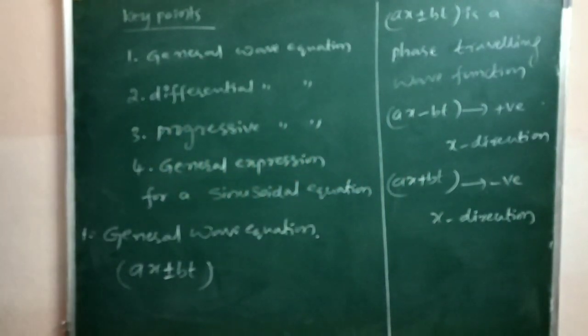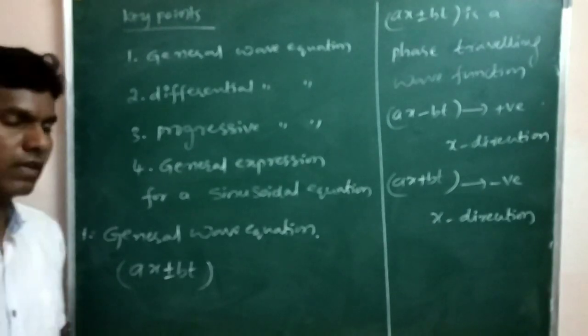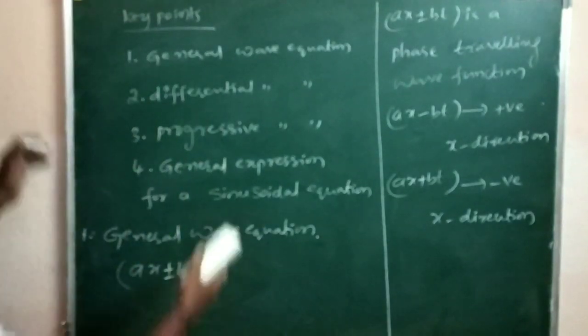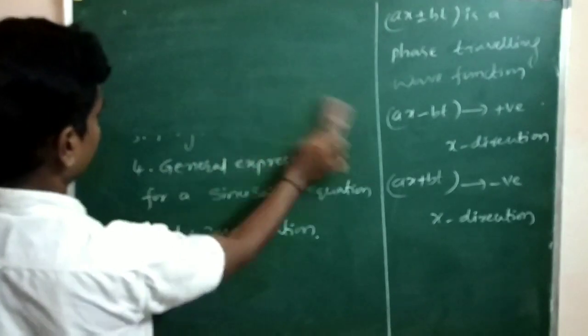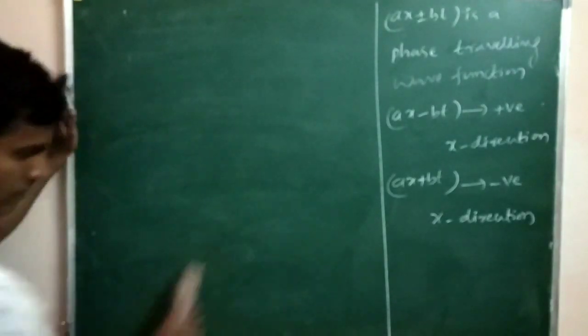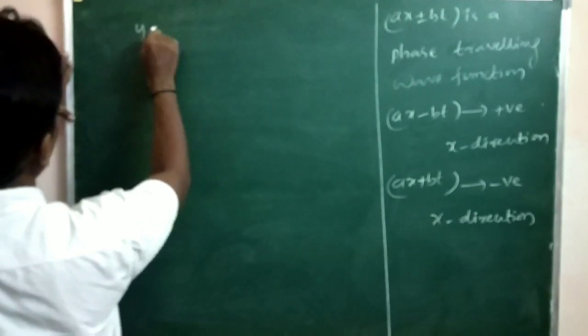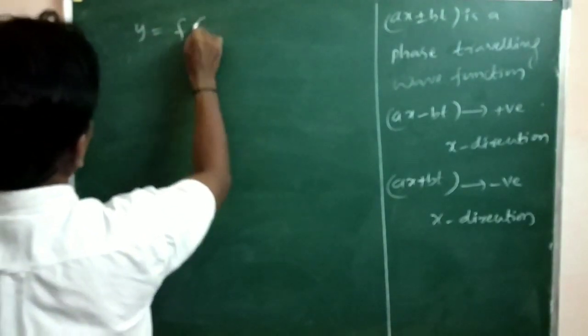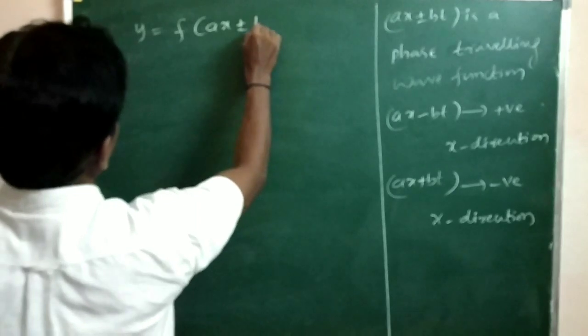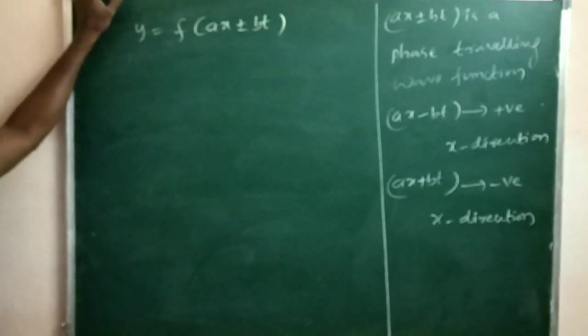So the wave traveling equation is given by f of ax plus or minus bt.